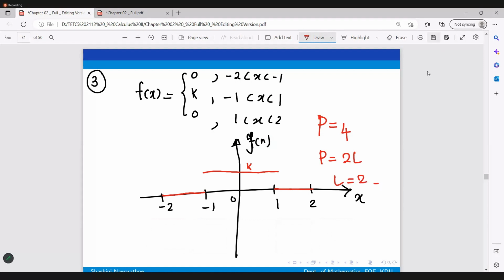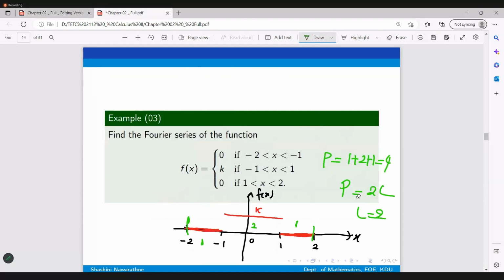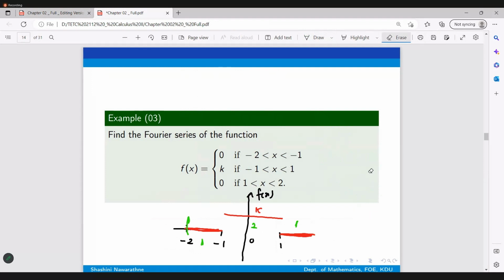Okay. So now, we do not ask to draw the graph. We are asking to find the Fourier series of the given function.